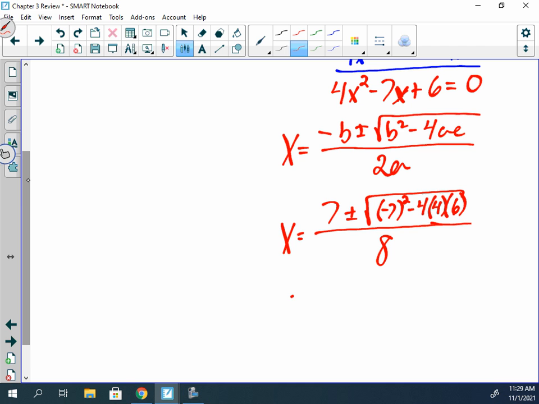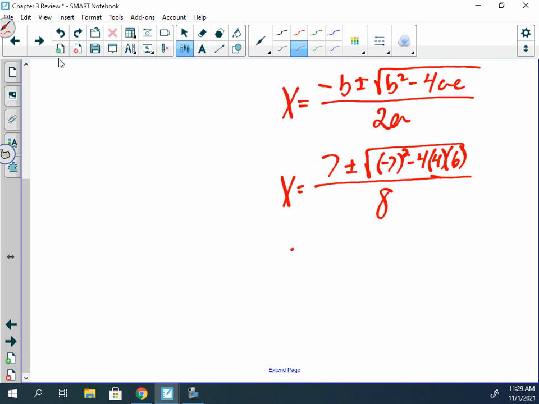Now again, at this point we would simplify everything inside the square root. So 7 squared minus 4 times 4 times 6.